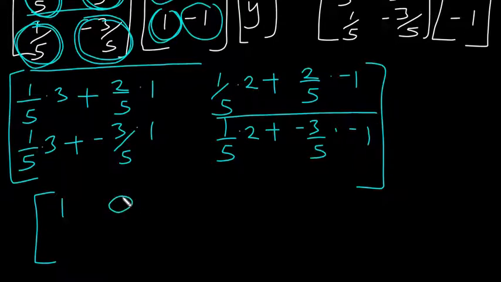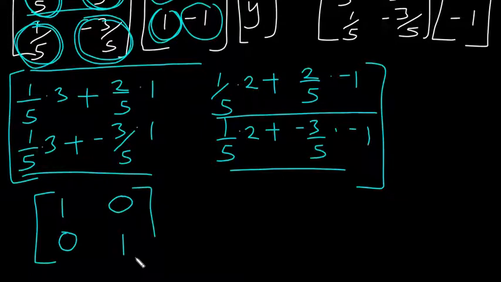For this one we're going to have 3/5 minus 3/5, which is 0. And for this last one we're going to have 2/5 plus 3/5, that's 5/5, which will be 1.